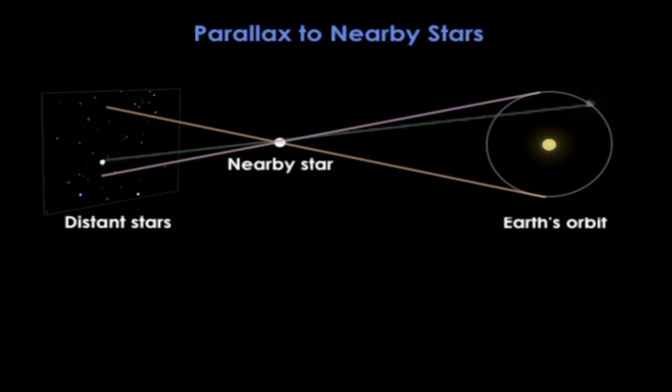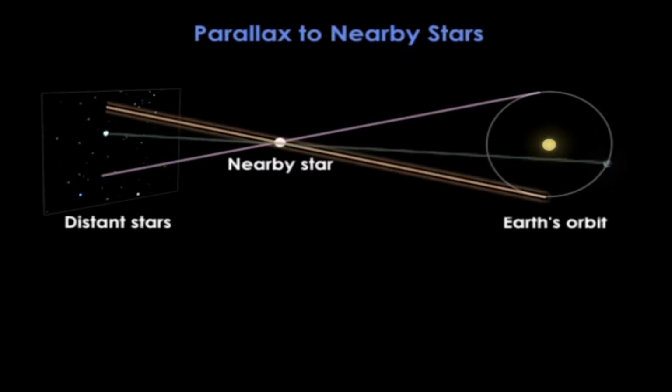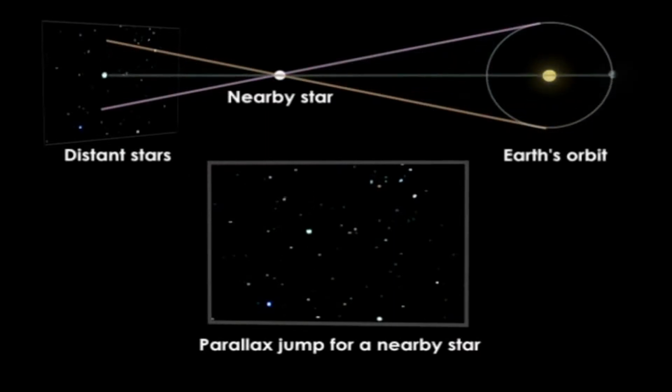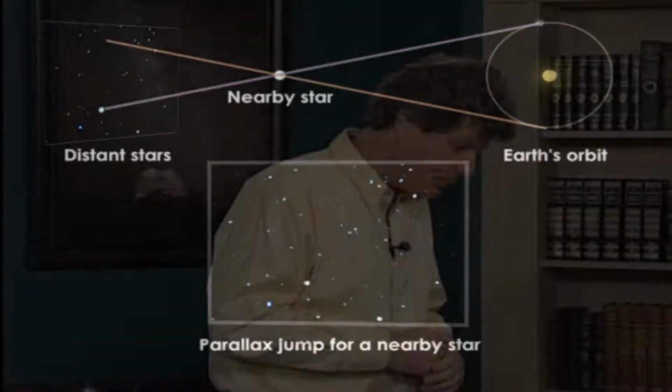The position of a nearby star is observed twice, 6 months apart, from opposite sides of the orbit. Sure enough, as you can see from this little animation, nearby stars show a small jump against the backdrop of much more distant stars.